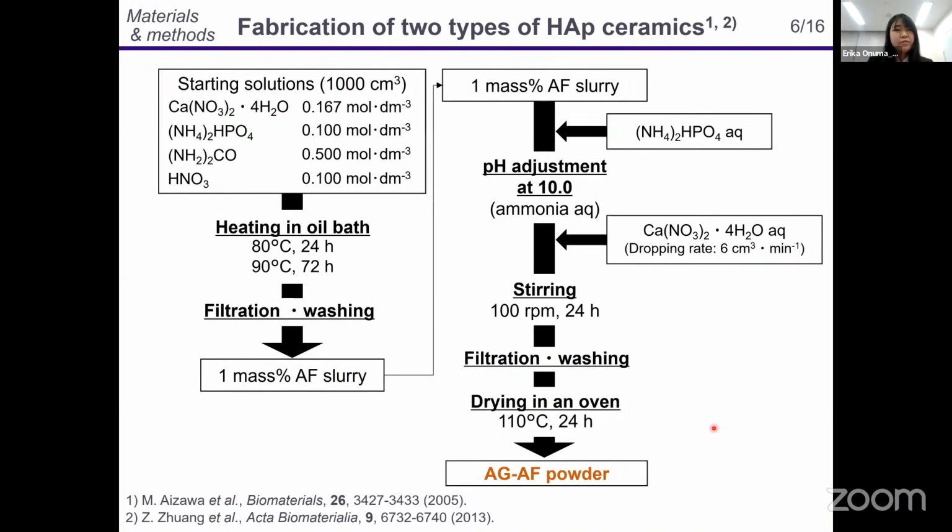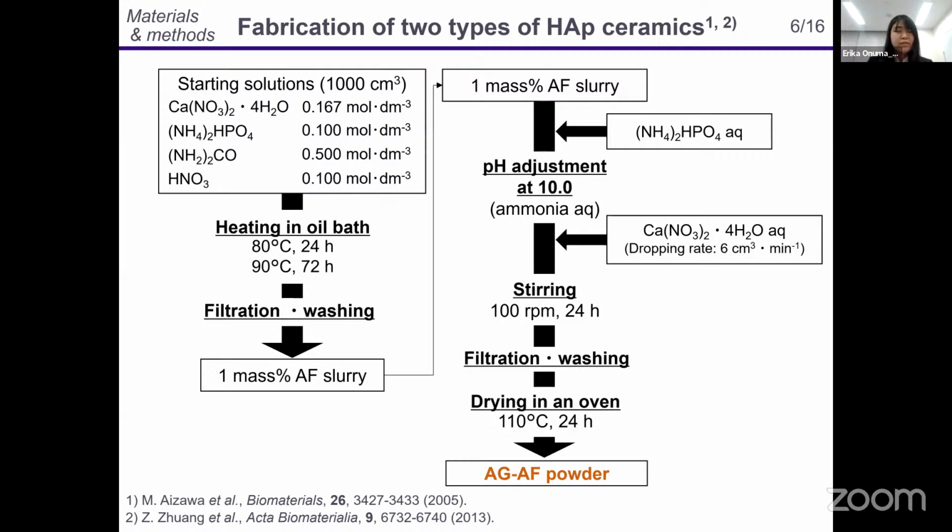Next, I will talk about the material and method. A-plane oriented HAP ceramics were fabricated following a previously reported method. Fiber-shaped HAP particles, hereafter AF, the starting powder of A-plane oriented HAP ceramics, were synthesized using homogeneous precipitation method, and the AF was mixed with HAP microcrystal powders.